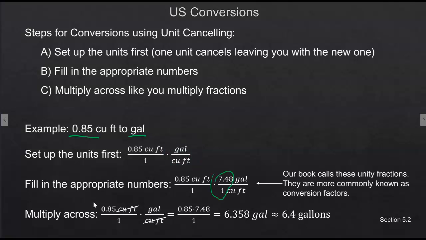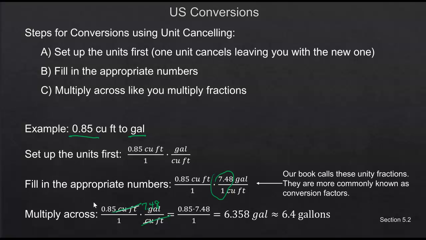There's 7.48 gallons in 1 cubic foot. That causes my cubic feet to cancel out. I just simply multiply. Whoops, I didn't have the 7.48 there. I might need that. Multiply those and then round to 6.4. So we rounded that one just to the same as the other one had 2 significant digits.